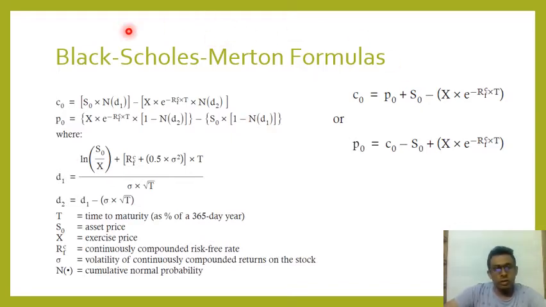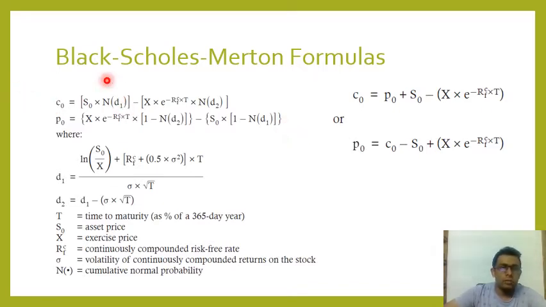We cannot write down the derivation in one page, so we'll go by this formula as of now. First you'll have to memorize this formula for finding out the call value. This is the formula for finding out the put value. If you remember these formulas, you'll be able to find out the value of call and put.